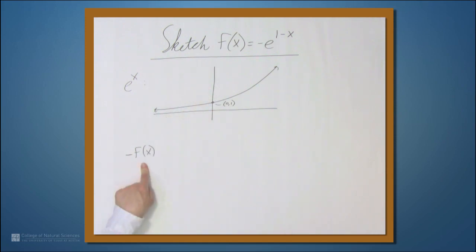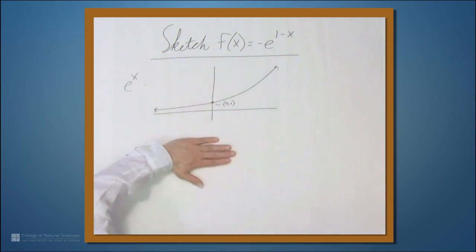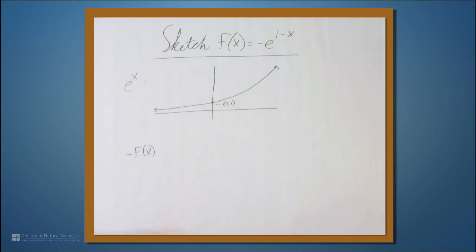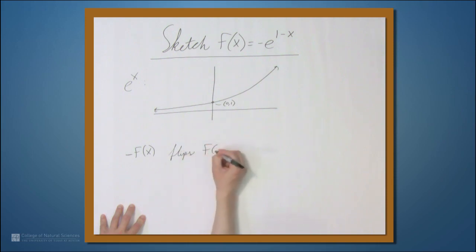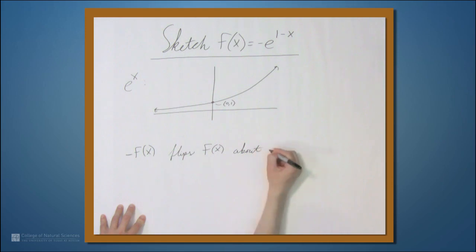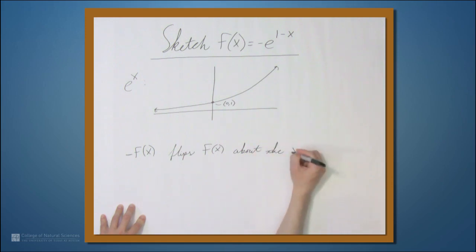So negative f of x is just f of x flipped over the x-axis. So this, negative f of x, flips f of x about the x-axis.